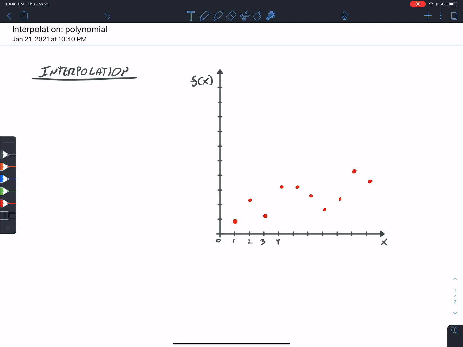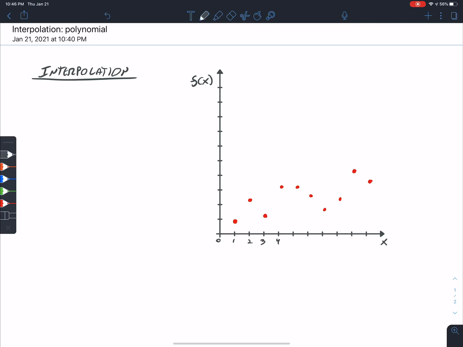And at each of these positions, x positions in space, let's say we have measurements f of x. This is f of x1, this is f of x2, f of x3, and so on. So we have measured the values at these discrete x locations, but let's say we want to find out what's the value of f of x at a position which was not measured, for example, at x equals 1.5, right?